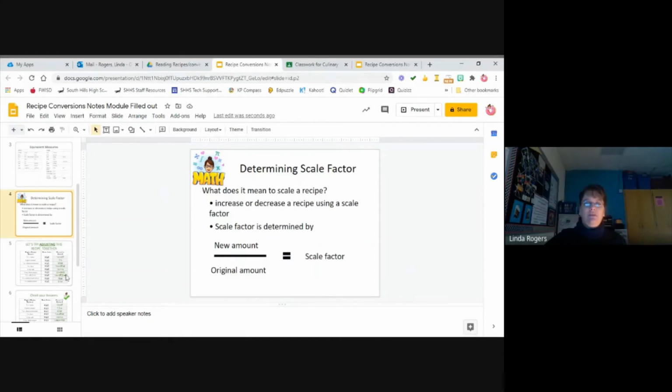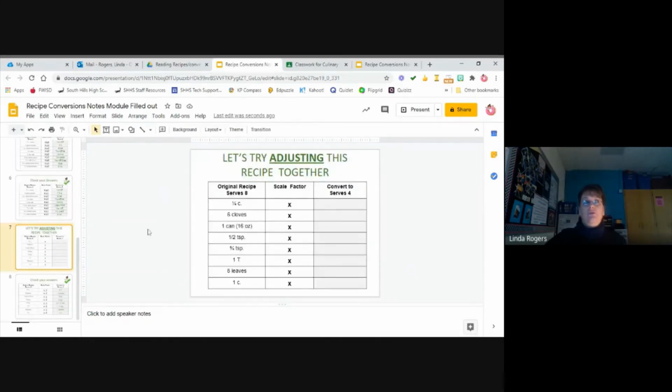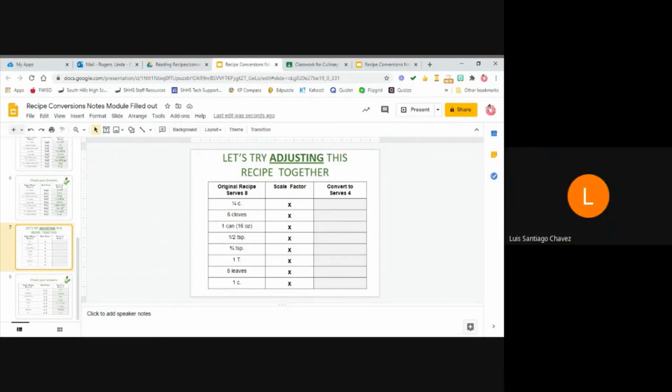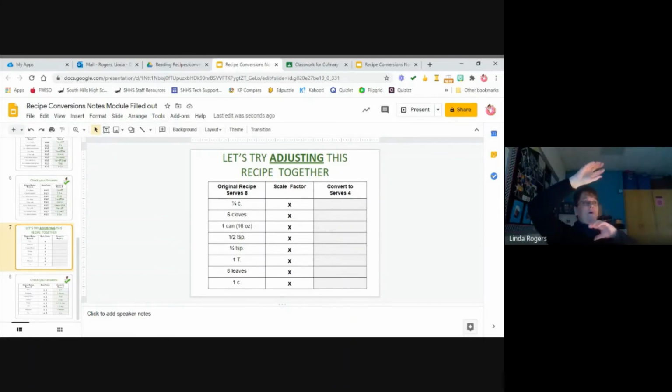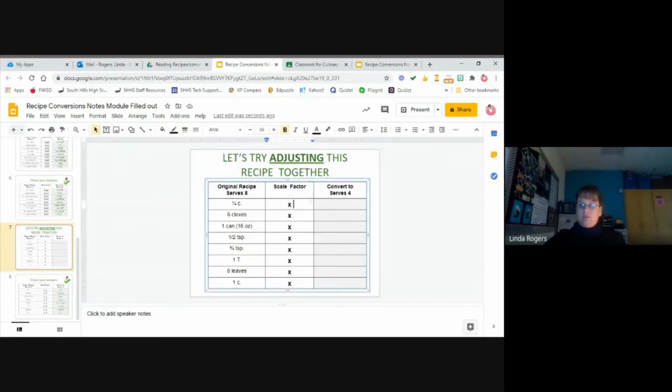What is that going to give us? 0.5. Okay, so our scale factor is 0.5 on this one. We're basically halving this recipe, right? So we want to make sure we've got 0.5.